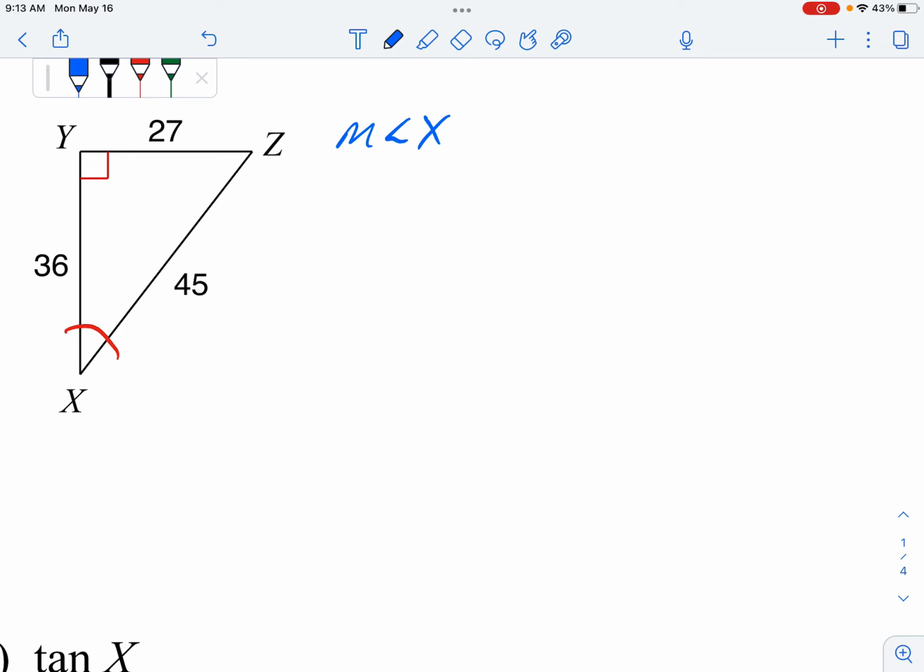The measure of angle x is equal to the inverse tangent. Tangent gives us a ratio of sides, and the inverse tangent will give us an angle. If I plug into my calculator what that ratio of sides is, the calculator can do the inverse function and use that to find the angle. That's tangent to the negative 1. It's also written as arctangent. These mean the same thing.